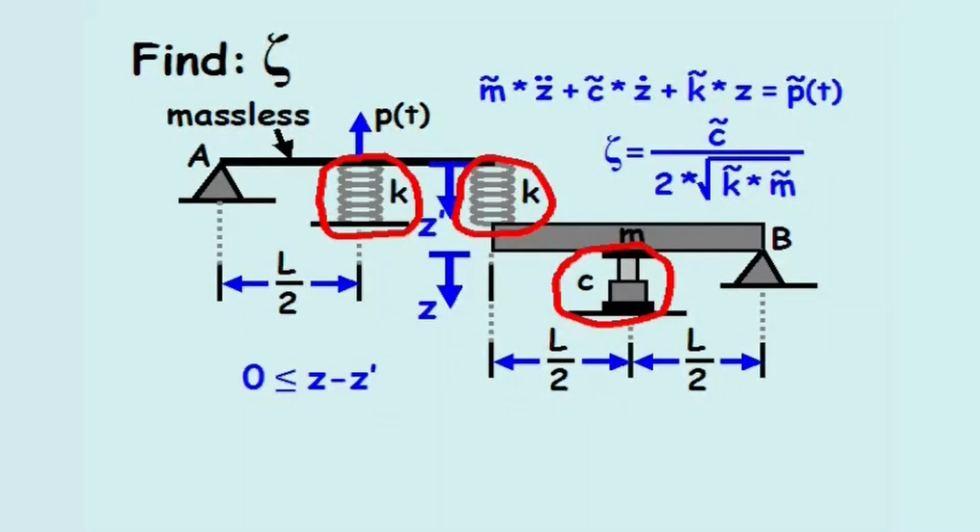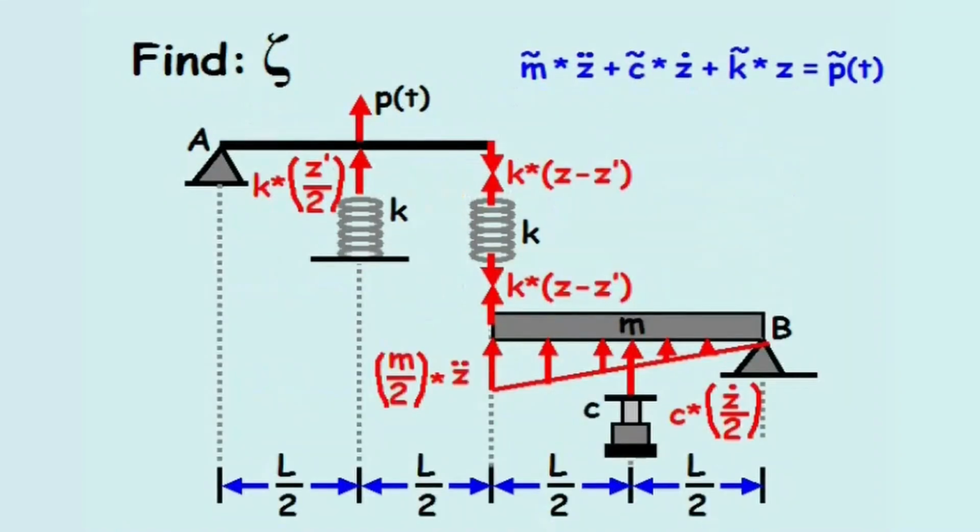If we sketch out the free body diagram, we can show all internal forces acting on the system, which includes the force from the mass of the beam, the force from the damper, and the forces from the springs. We can develop an equation of motion by solving for the variables m tilde, c tilde, k tilde, and p tilde.